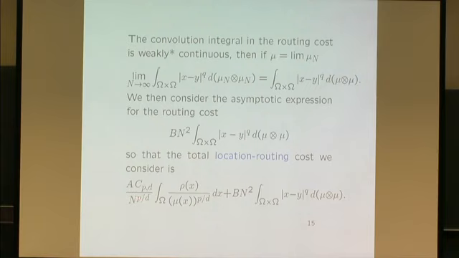The goal is to minimize the sum of these two terms over all distribution mu of x and probability mu of x, right? Density and probability mu of x. So this is the problem. And you see this is a nasty term because it's a double integral which provides a convolution operator.